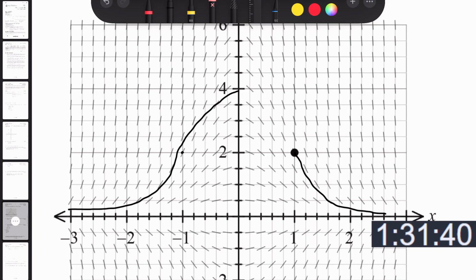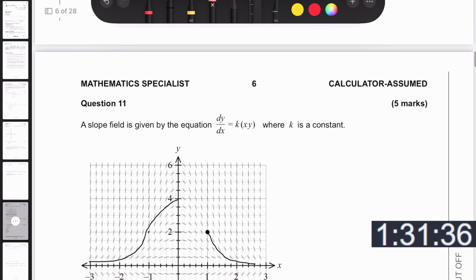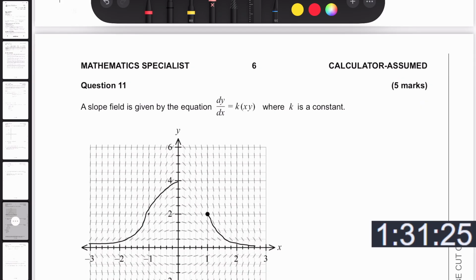Let me go to differential equation graph. dy/dx is negative 2xy. My initial condition will be 1, 2. Let's graph it. Yeah, looks like I did it pretty good.